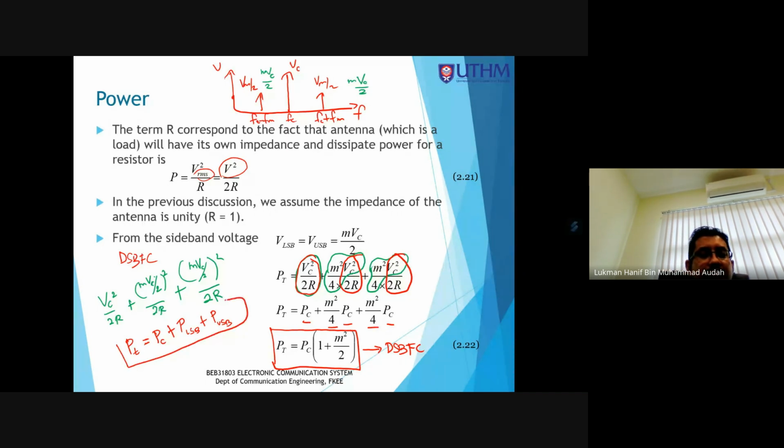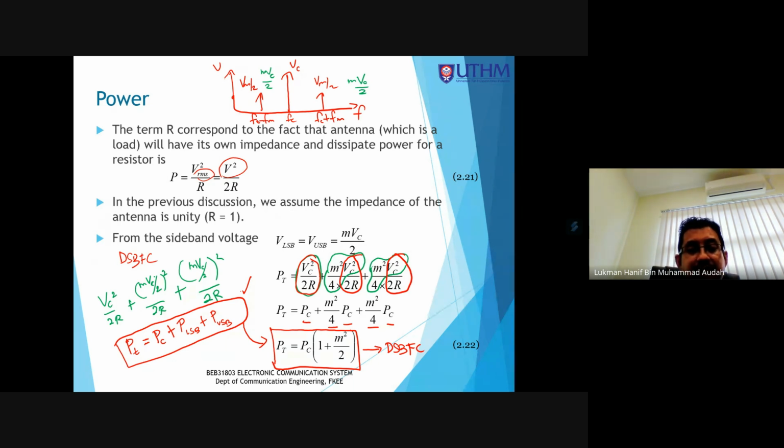Ideally, in general, it is like this, but for double sideband full carrier, you can make it like this: P total equal to PC plus M square over 2.